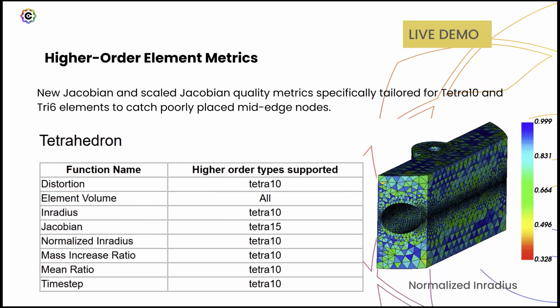We have a number of metrics that now support those mid-side nodes, mid-edge nodes, actually, in these cases. So there's a list of tetrahedral elements that are supported as Tet-10s. The Jacobians are also supported for Tet-10s and Tet-15s.